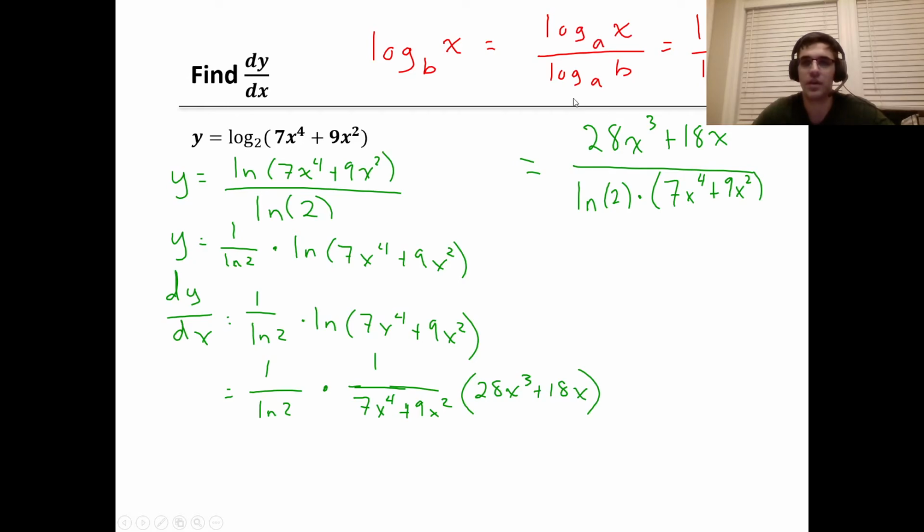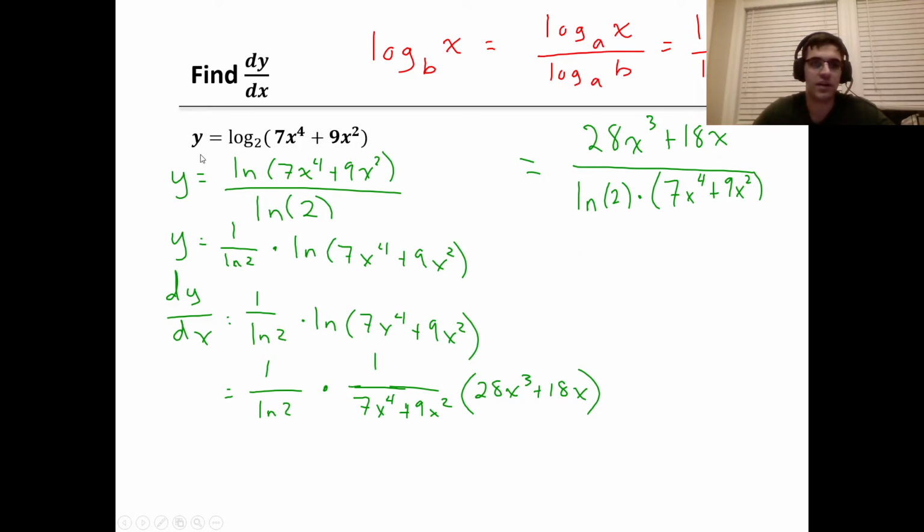I want a to be a base of e because I know how to derive the natural log of something. So I'm going to make my log a quotient of natural logs, and then I can derive using natural log rules.